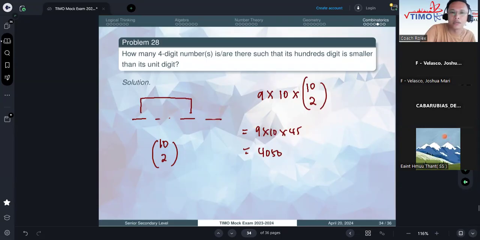Example, this is 10, this is 9. Then out of the 10 numbers, the thousands digit and the tens digit is 10 taken 2. So you will have 10 taken 2 times 10 times 9.